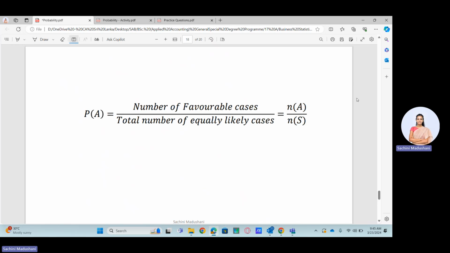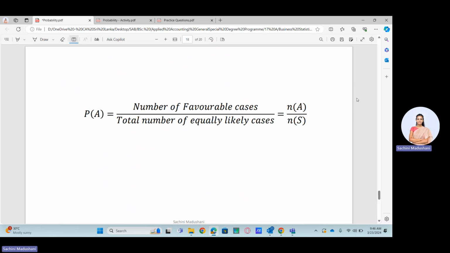Then this is the way we can express the probability value. Normally we express the probability value as a fraction. In the fraction there is a numerator and a denominator. In the denominator, we express the total number of equally likely outcomes. In the numerator, we express the number of favorable cases.